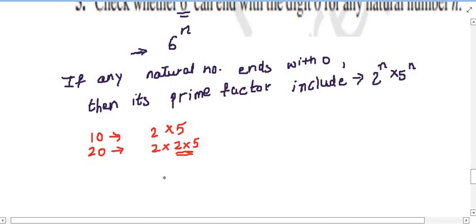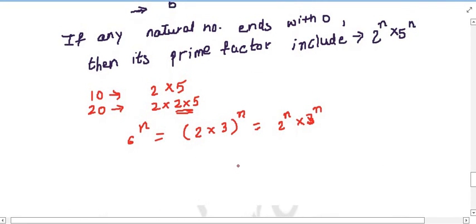So if we prime factorize 6 raised to the power n, it will be equal to 2 times 3 raised to the power n, or we can write it as 2 raised to the power n times 3 raised to the power n. It includes only 2 raised to the power n. It does not include 5.